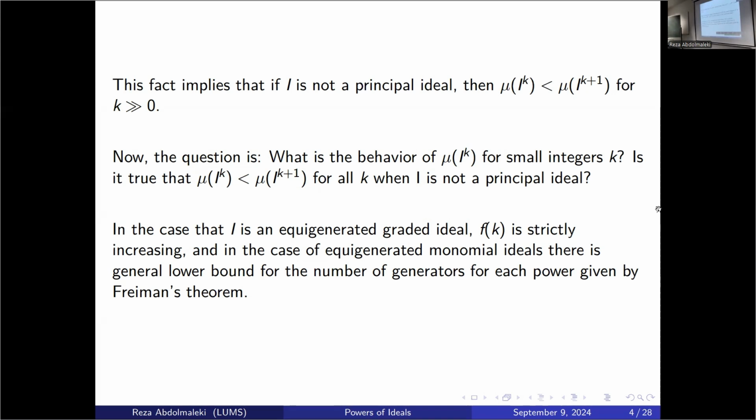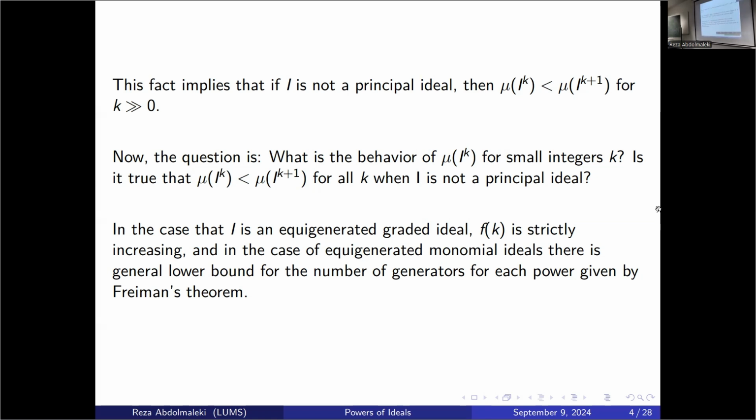So if I is an equigenerated graded ideal, there is a theorem by Herzog, Asloob Qureshi and Zamani that says yes, the answer is yes. That is strictly increasing function before this point as well.